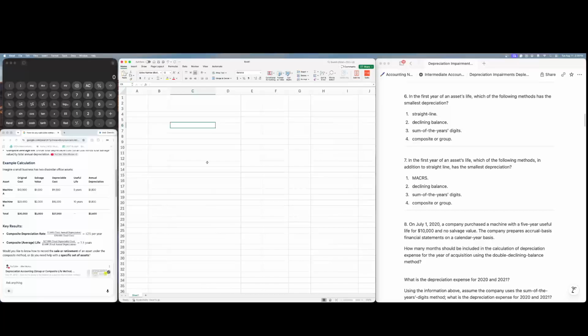So let's say there's two machines, machine A and machine B. With the original cost of machine A, 10,000. The salvage value, 1,000.